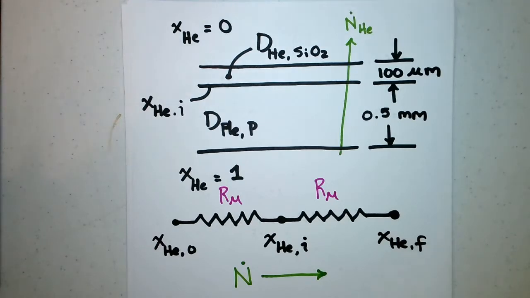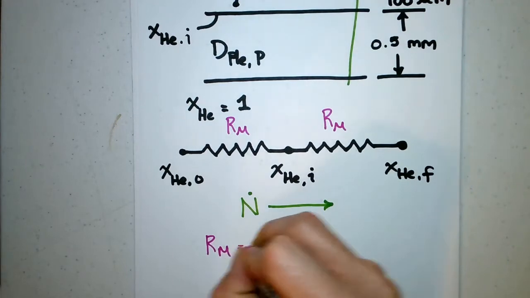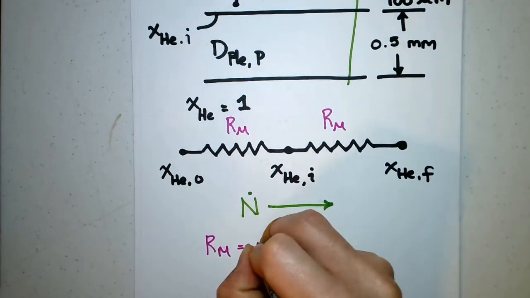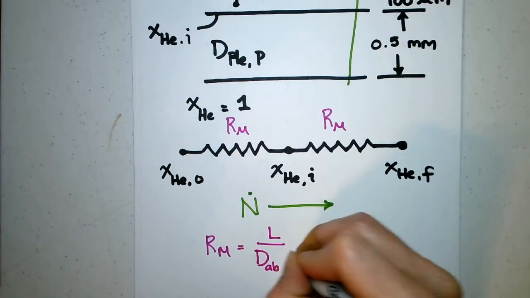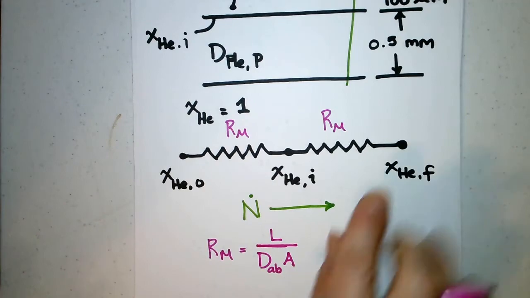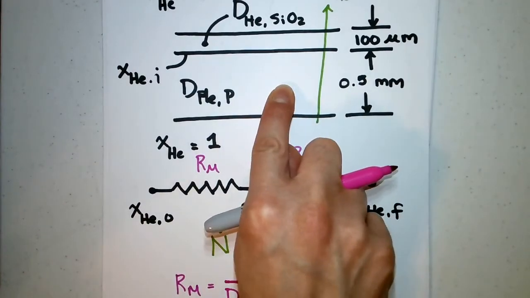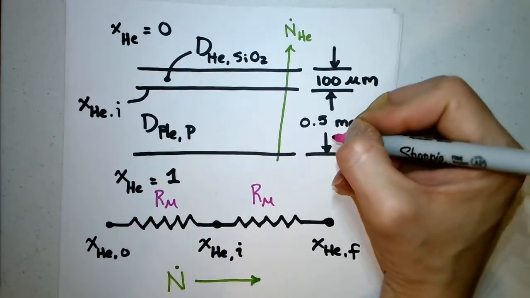Instead of L over kA, you had something like the mass resistance being L over the diffusion coefficient times the area.